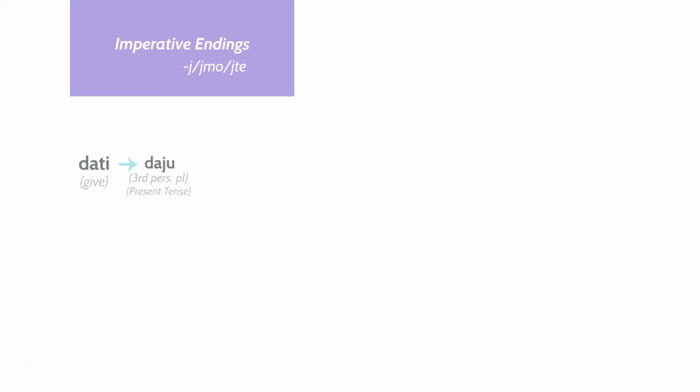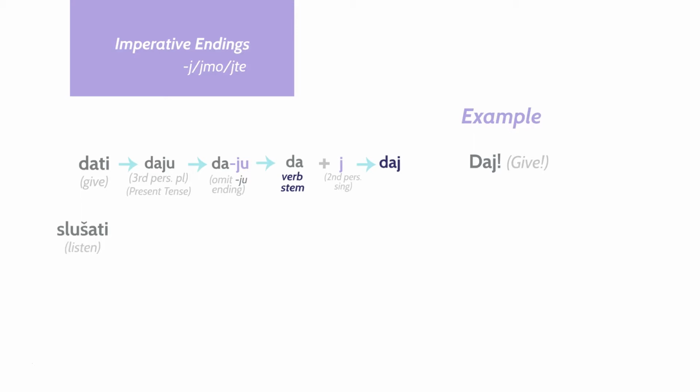From the third person plural, we omit the ju ending, the present tense ending, and get the verb stem. In this case, it's da. To make the imperative, we then add the j ending for imperative for second person singular, and we get daj, which means give. Let's try this on another example. The verb to listen, slušati. We need to make the verb stem for the verb slušati.